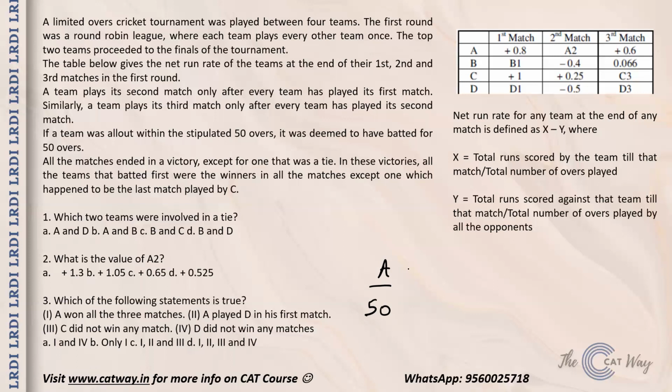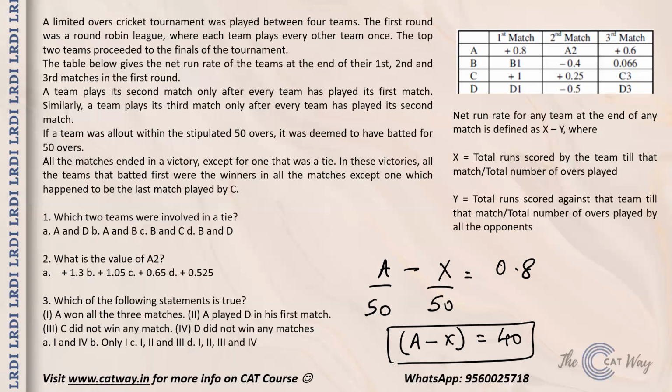So minus the other team, let's say they made X runs, divided by 50, and the value of it has been given to you as 0.8. That means if you see that A minus X is equal to 0.8 into 50, which is equal to 40. So basically it is saying that A won the first match by 40 runs.